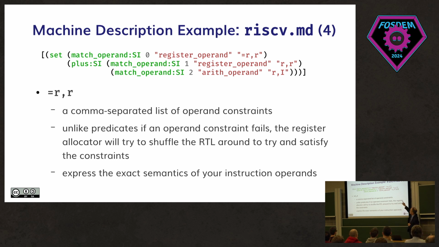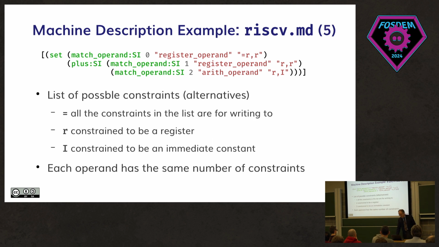The first operand is a register, and then operand 2 is register or i for immediate. You have to read those as though they're in columns. So we're looking at one scenario where the first operand is a writable register, and the other two operands are registers. And the second scenario where the destination is a register, the first operand is a register, but the second operand is an integer. So if you think of them in columns, that's how to think of them.